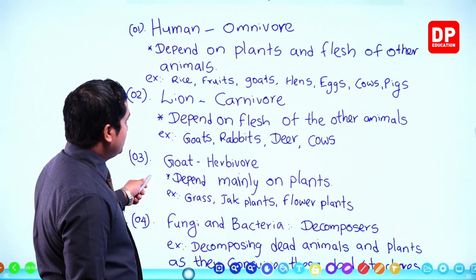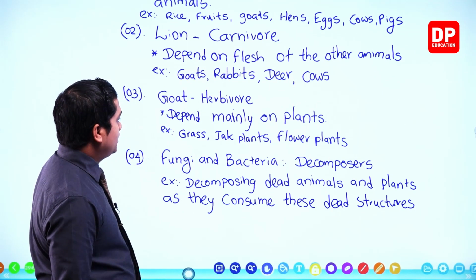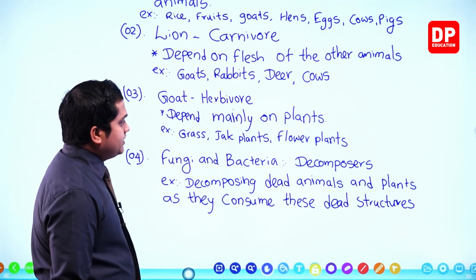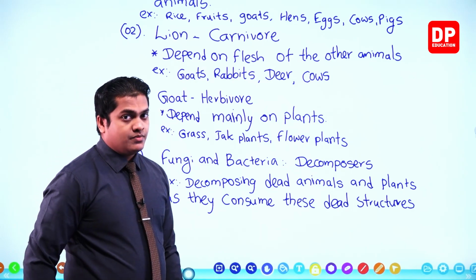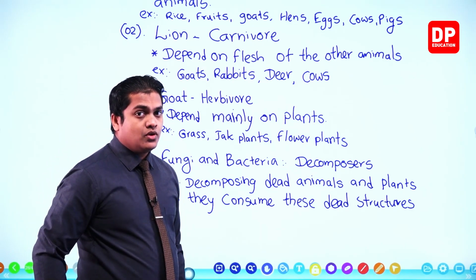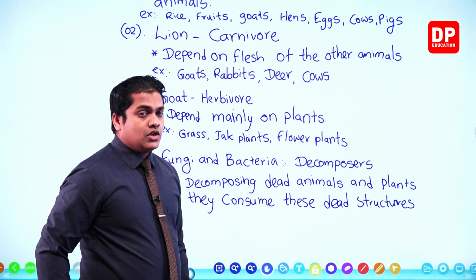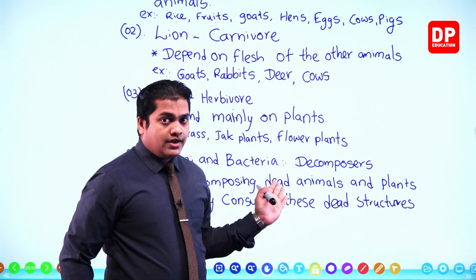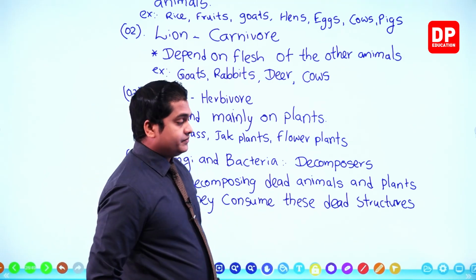Then my dear children, I have written down a special one over here as the fourth one. Fungi and bacteria. These guys are also called decomposers, because they help to decompose food items, not only food items but also dead bodies of organisms.